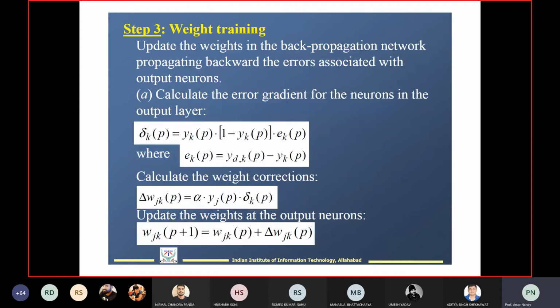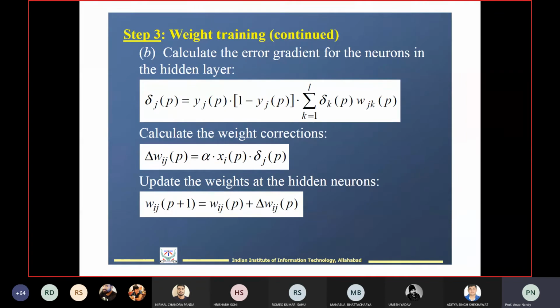Here only ekp was there because a single output is generated, but here you have a summation over all the neurons' outputs, so k equal to 1 to L, delta kp into wjkp. These summations will come up.